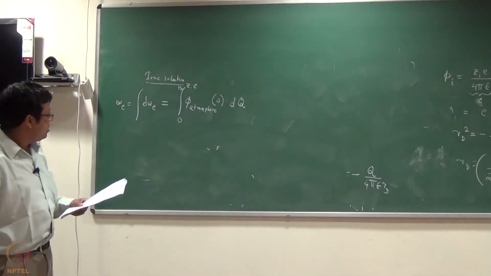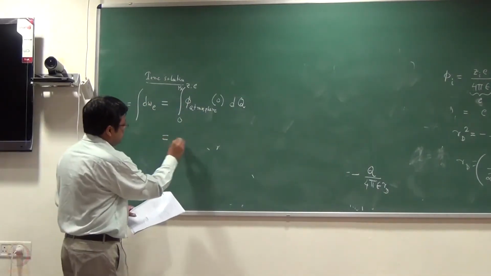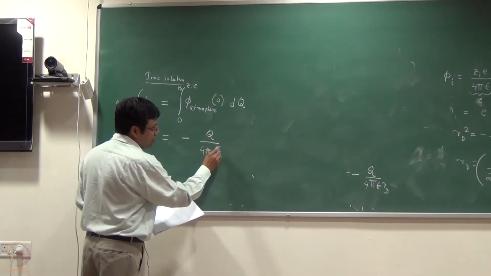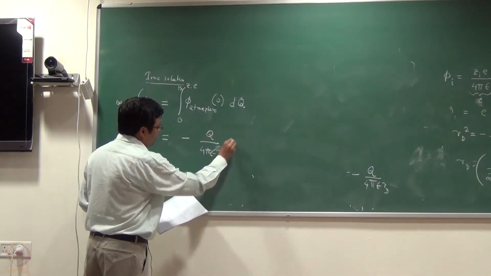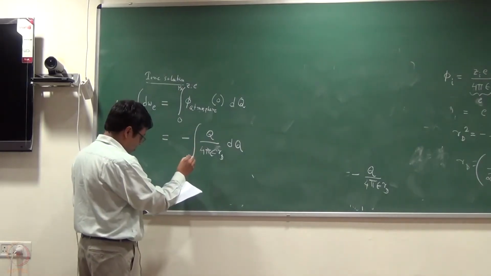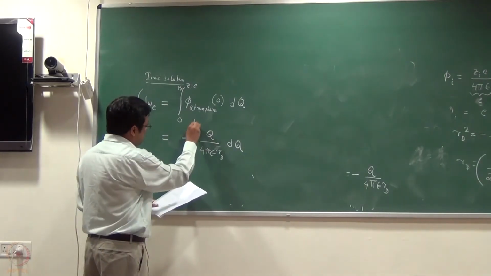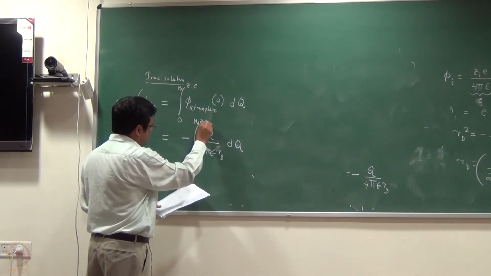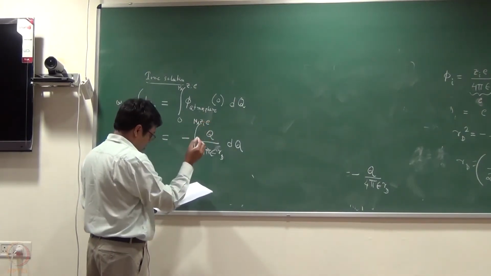Just write it here. We'll have minus Q by 4 pi epsilon RT dQ. That integrated between 0 and Zi into E. Okay.